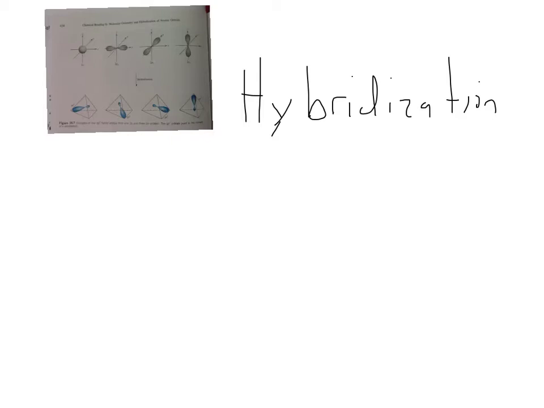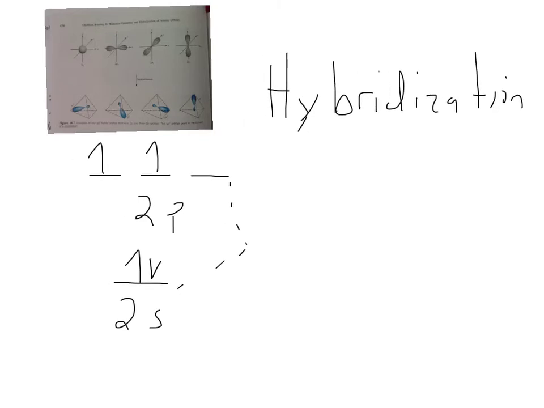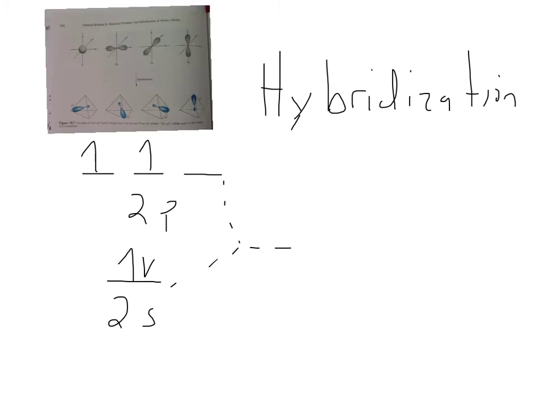The idea is that the 2s orbital of our carbon atom and all 3 of the 2p orbitals come together and form 4 new hybrid orbitals.